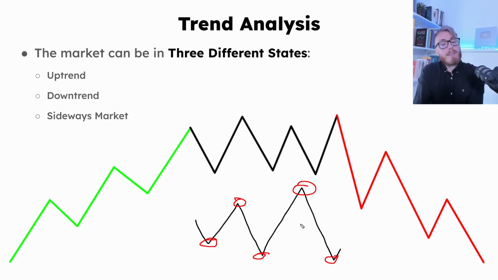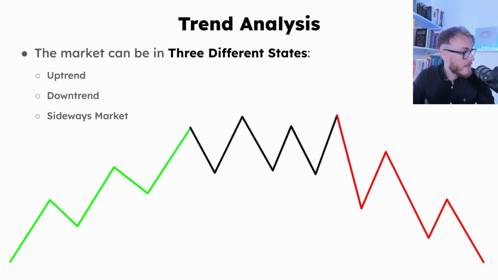So this is yet another example of a sideways market, because even though we are printing higher highs, in order to have an uptrend, we also need to print higher lows. And that's not true for this market. And even though we're printing lower lows, in order to have a downtrend, we need to also print lower highs. So this is an example of a sideways market.